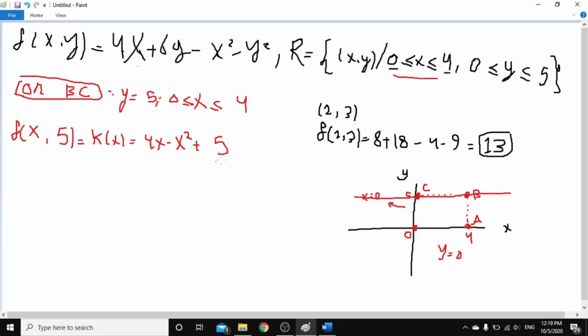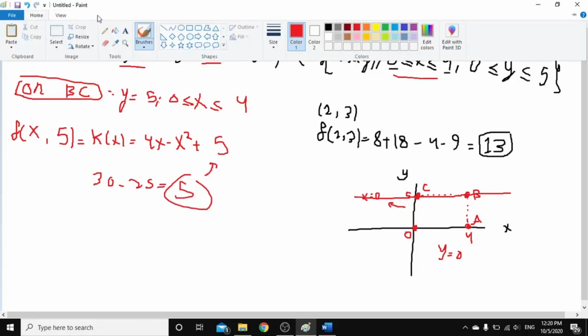Okay, so why did I write here plus 5? Here we have 4x and negative x squared. So in the y's, I substitute the 5 here. So it's going to be 6 times 5, 30. And then negative 5 squared is going to be 25. So 30 negative 25 is 5. So this is the same answer here, okay?